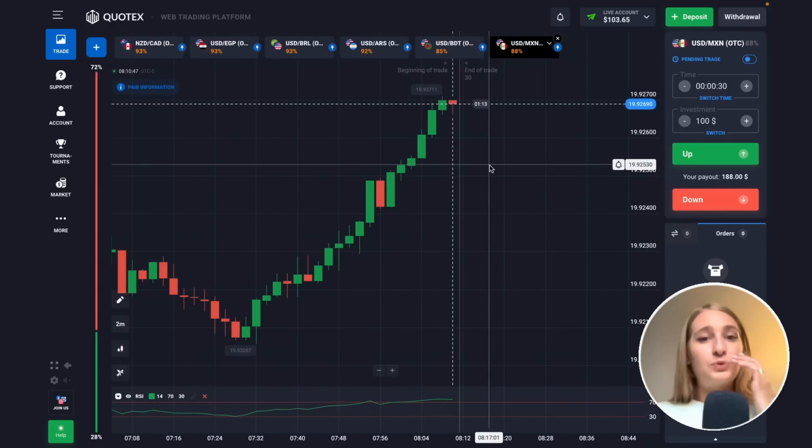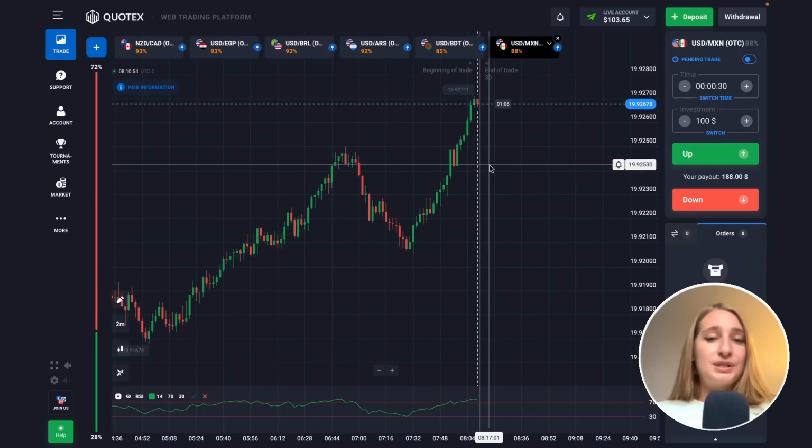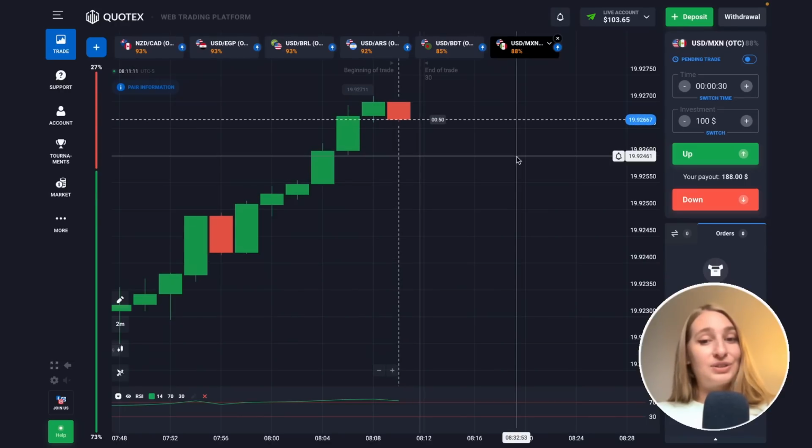Wait a little bit more for that report, and while I'm waiting, I will talk about trend confirmation. RSI can be used to confirm the current trend in the market. If the price is rising and the RSI remains above 50, it may indicate an uptrend. Let's see how it will work out here. And yes, $100 is on, and I will go with the call option.